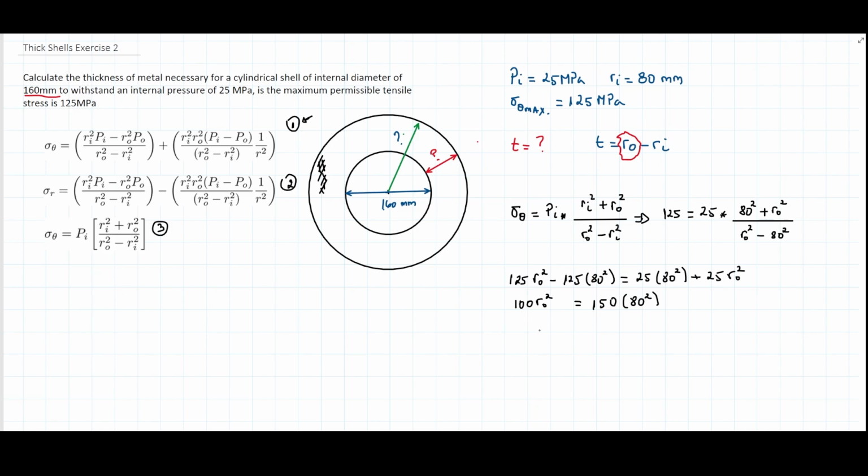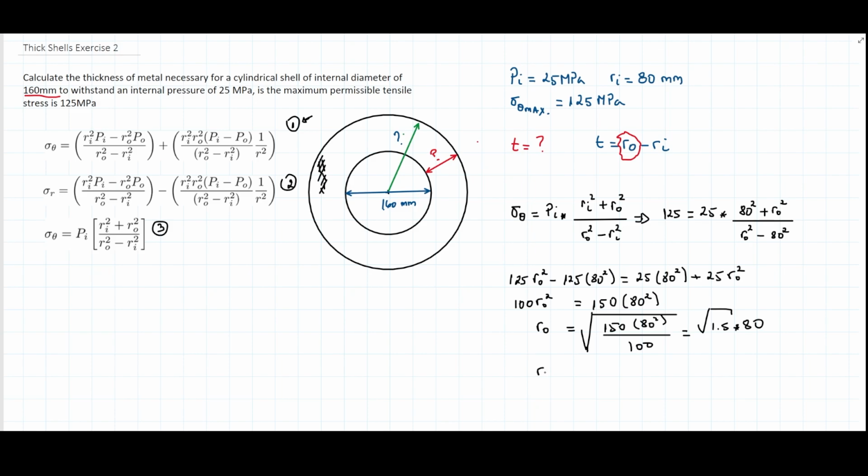Then to solve for this, it's as simple as leaving the outer radius alone. It's going to be 150 times 80 squared divided by 100. Perfect. Which can be simplified to the square root of 1.5 times 80. That's why I didn't take the square of 80 at the beginning.